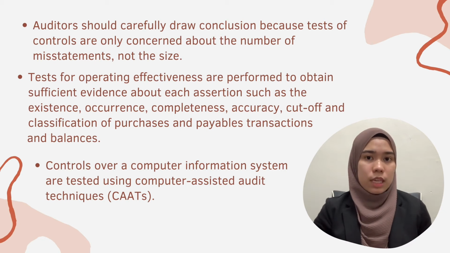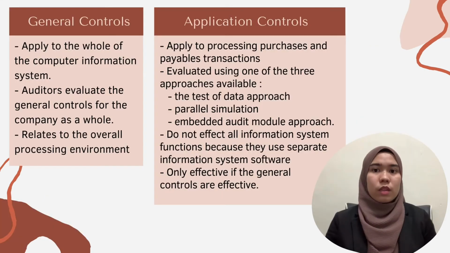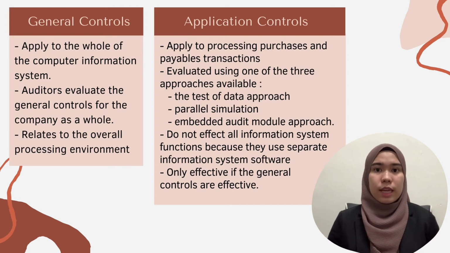Okay, what is CAAT? CAAT is a tool used to facilitate the search for irregularities in the given data. With the help of these tools, the accounting department of any firm will be able to provide more analytical results.